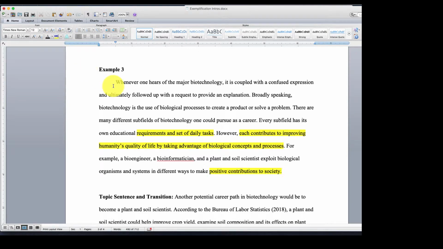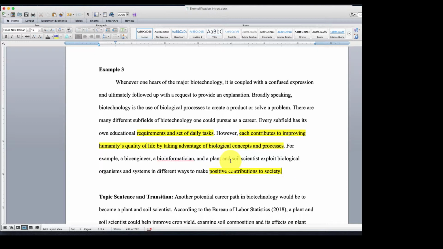Again, we have a really good introduction. We have some background about the topic. The thread or the thesis that's going to run through is that each contributes to improving humanity's quality of life, thereby positively contributing to society. The three jobs are mentioned here: bioengineer, bioinformatician, and plant and soil scientist.